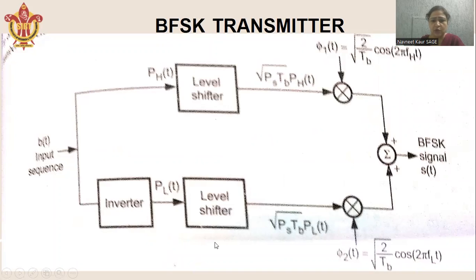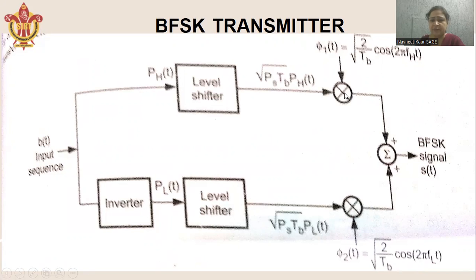Now, this lower loop will give 0 output because PL(t) is 0. Now for the upper loop, we will have a level shifter. The level shifter will increase the amplitude of PH(t) by root Ps Tb.